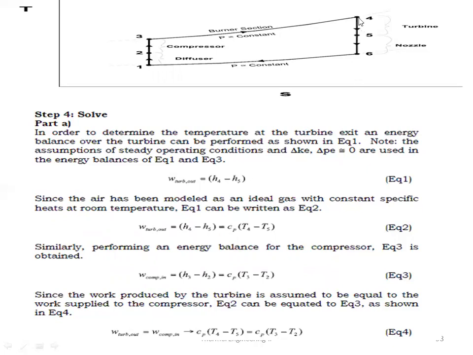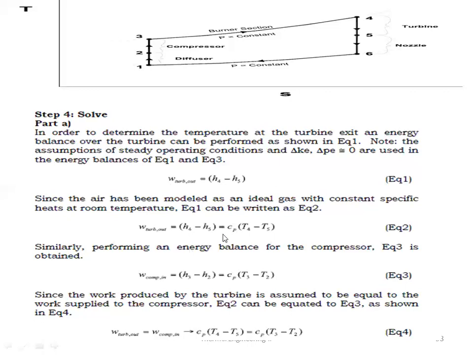Consider the process 4 to 5 and apply the energy balance equation, that is called the steady flow energy equation. When you apply the steady flow energy equation, it is possible to write that the turbine work must be equal to the change in enthalpy. The change in enthalpy during the 4 to 5 process can be written as H4 minus H5. And similarly, it can be written in terms of the temperature.